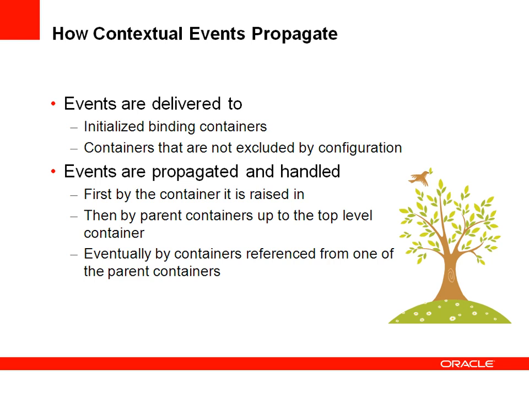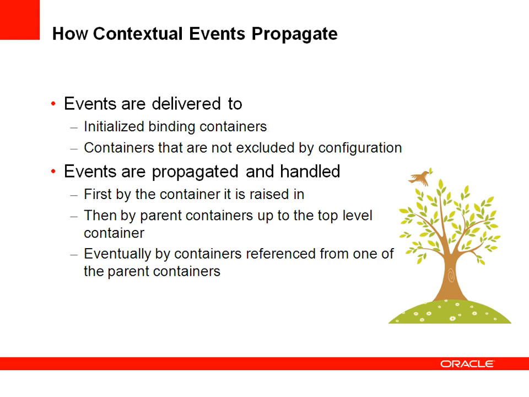On this container it will look for an event map. If that event map is available, then the event will be propagated. In the next step, it will go to the parent container of the container that raises the event.